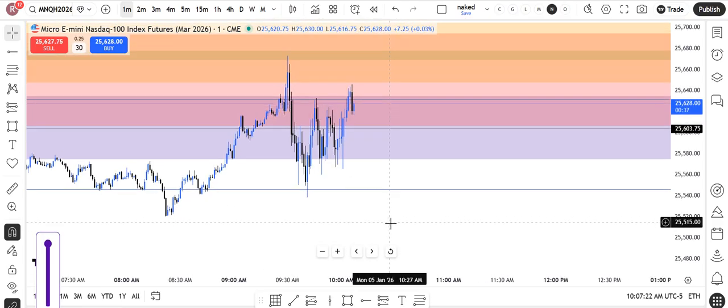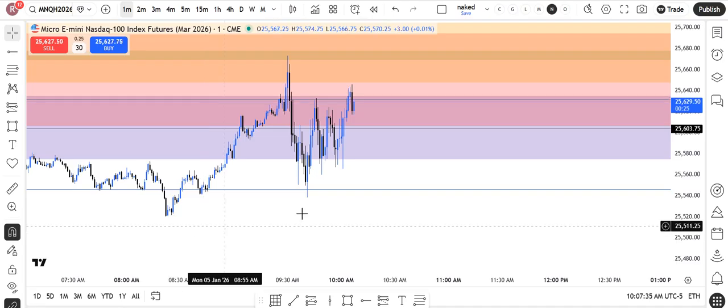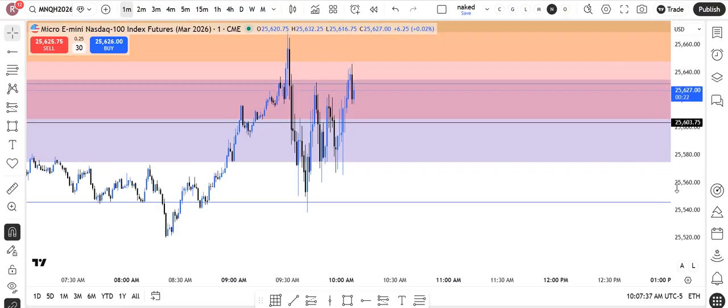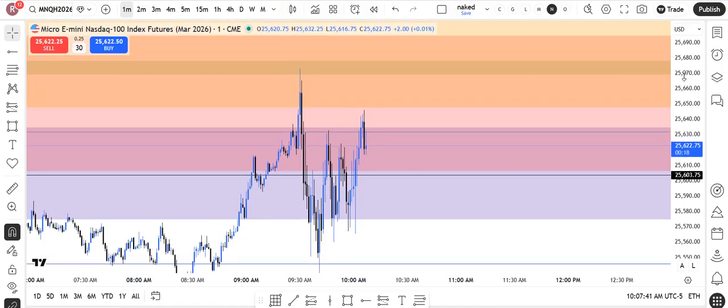Alrighty, so let's see here. Still comes up, hits the midpoint of the daily wick again. See how it's using these levels on the higher time frames?